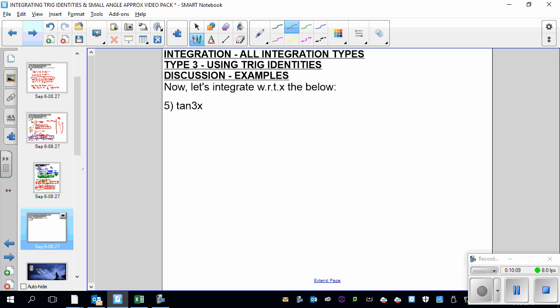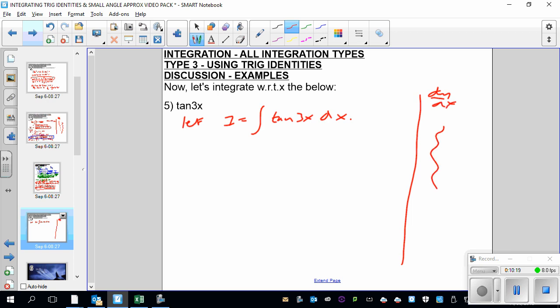This last one, tan 3x, so let I equal tan 3x. Again, if you look on the right hand side of your differentiation table, nothing differentiates to tan. Now we've got to go back to our systems here. There's no identity I know for tan other than that sine 3x over cos 3x.